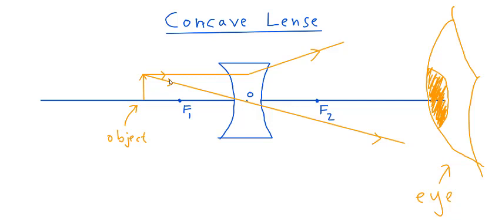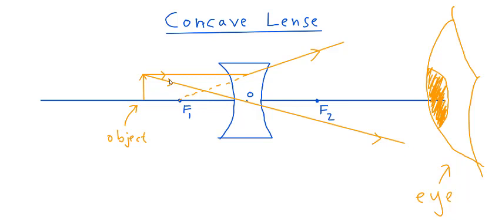Well, as we discussed here, this light ray, to the person, appears to be coming from the principal focus, f1. And notice that at this point here, this ray and the bottom ray seem to meet.